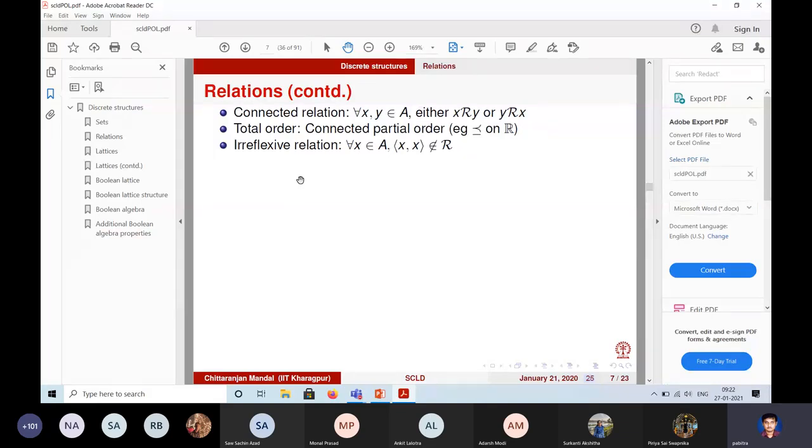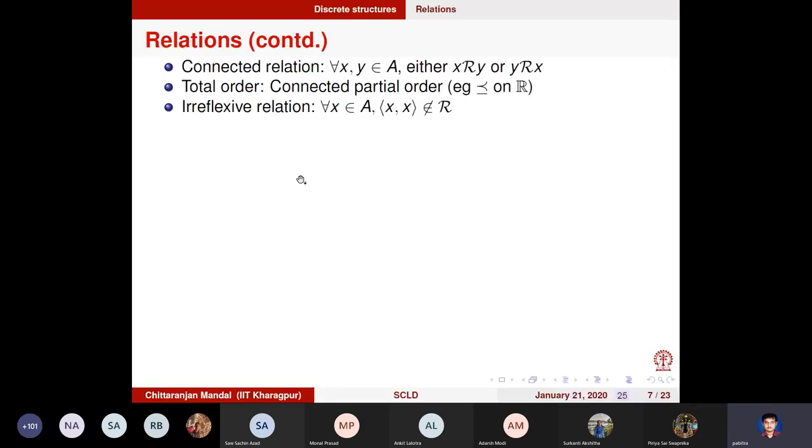A typical example, over the integers, is the strictly greater than relation: an integer is not greater than itself. So it's an example of an irreflexive relation. An irreflexive relation is one where for all x, x is not related to itself.